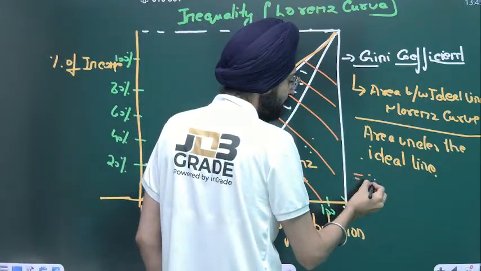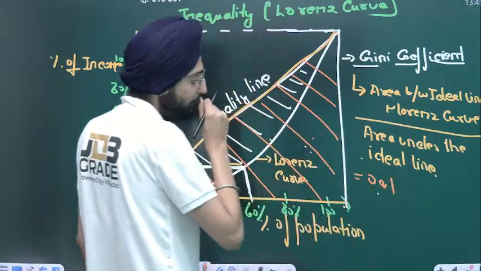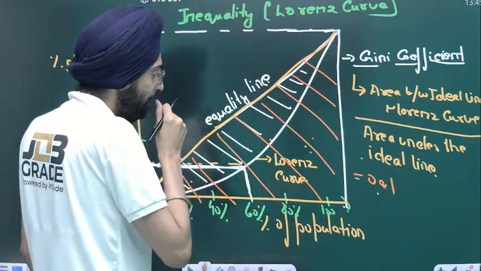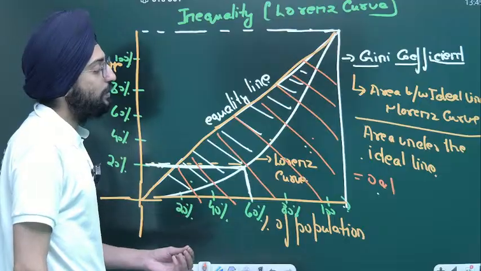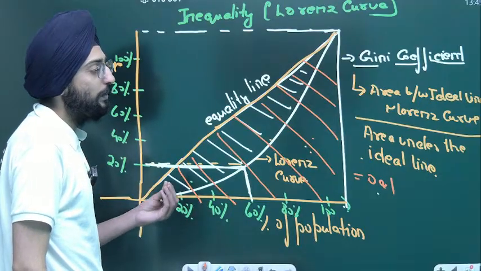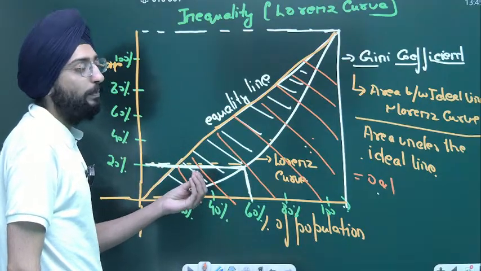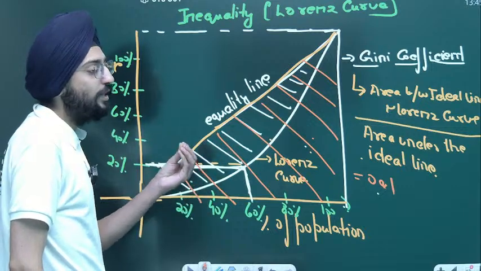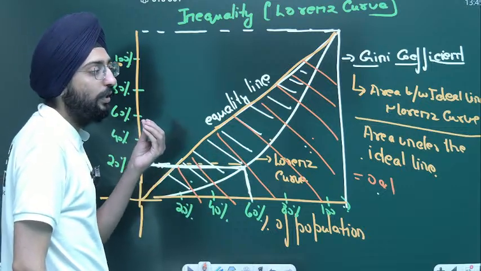So the coefficient ranges between 0 and 1. 0 represents perfect equality. 1 represents perfect inequality. India is close to 1, which shows that it's an unequal society.